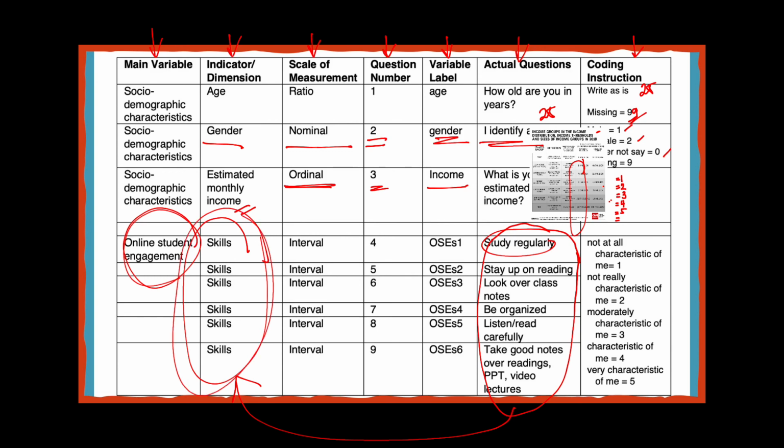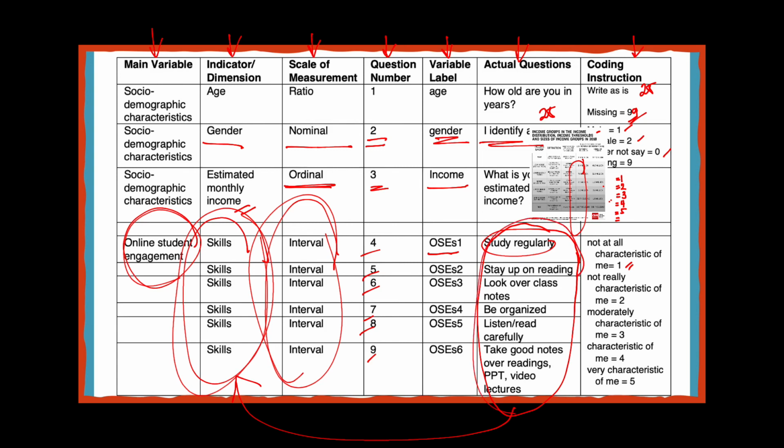Now these are interval scales. Why? Because it starts with 1, so there's no absolute 0, and of course they have question numbers in your Google form, in your online form. And then for the variable label, you can just strategize and make abbreviations. So for instance, I use OSE for online student engagement, S for skills, and then the question number. For example, there are 6 questions for skills: 1, 2, 3, 4, 5, 6.